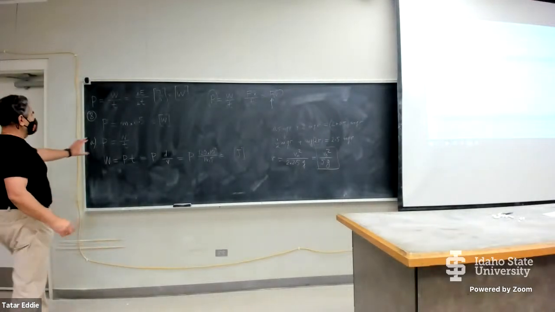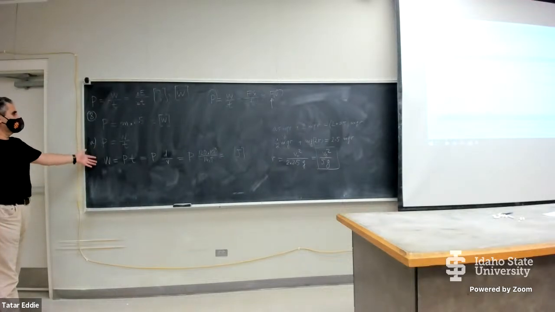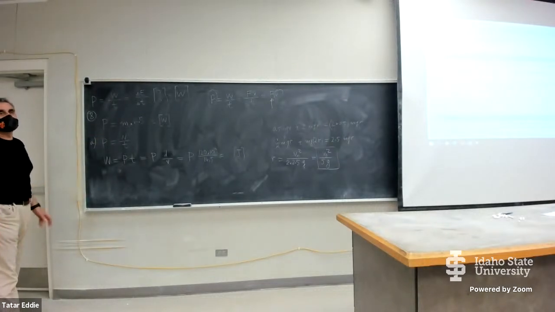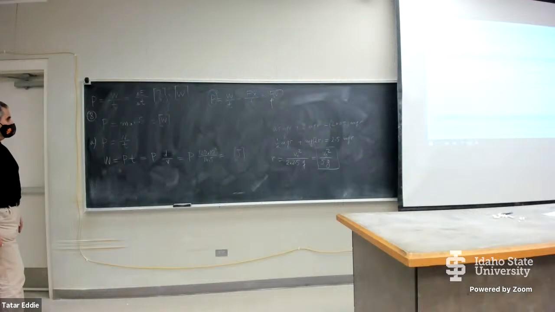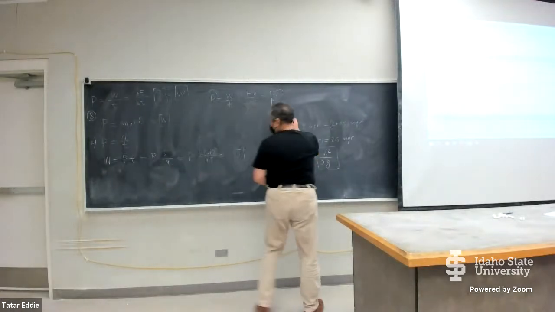So directly, you don't need to use speed or any other. If you want, you can go through calculation of force, but it's going to give you the same result. So this is part A.